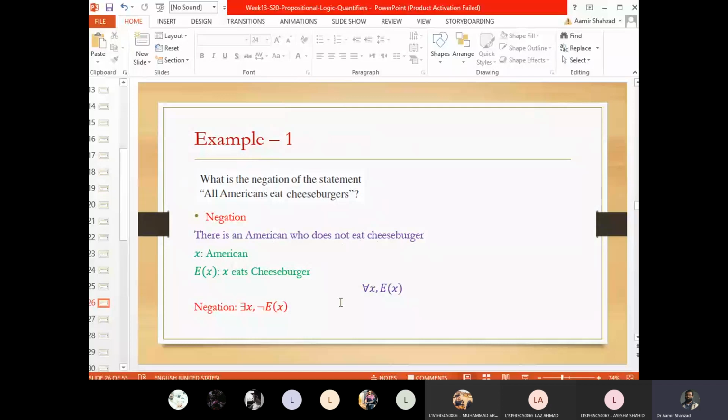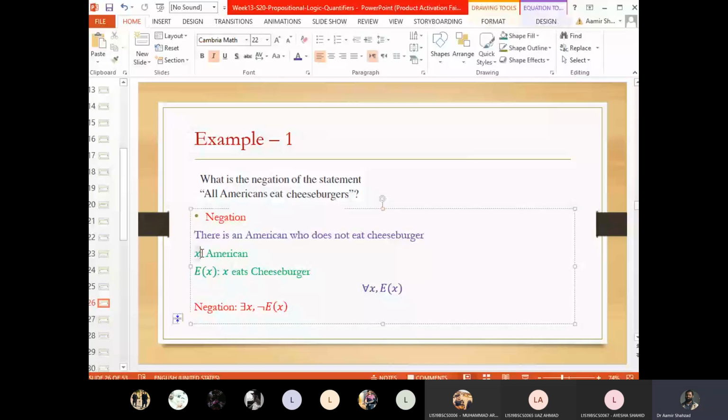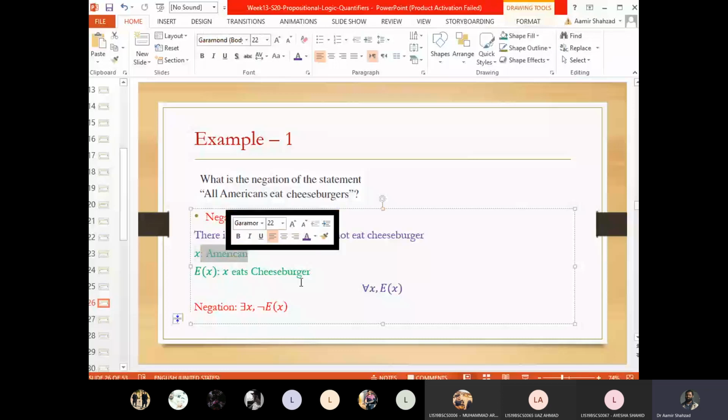So keep this in mind: when we write this in mathematical notation, we have to define our universe of discourse, our input size, our domain set. So over here, we are talking about all Americans. So x is an American, E of x: x eats cheeseburgers.